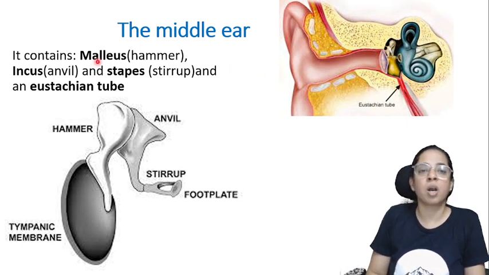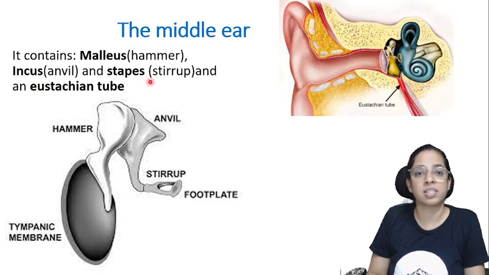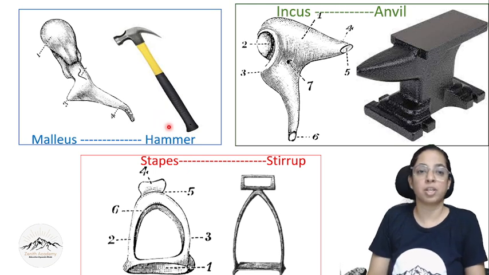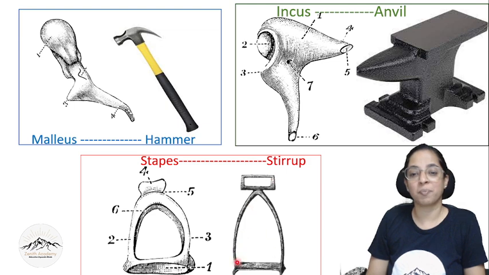So now let's talk about why we call malleus as hammer, incus as anvil, and stapes as stirrup. See here, here is the comparison. Okay, can you see? This malleus bone looks like a hammer. This incus looks like an anvil, isn't it? And the stapes looks exactly like the stirrup, which is there.